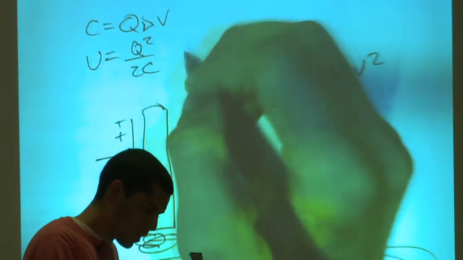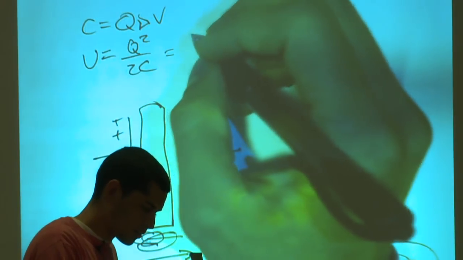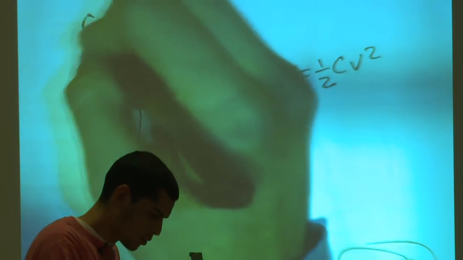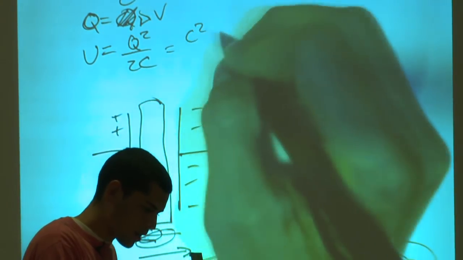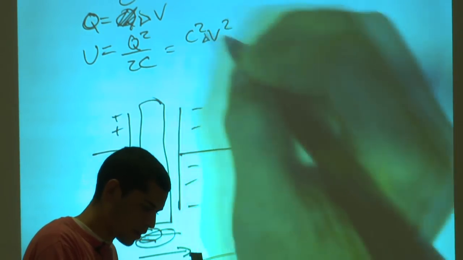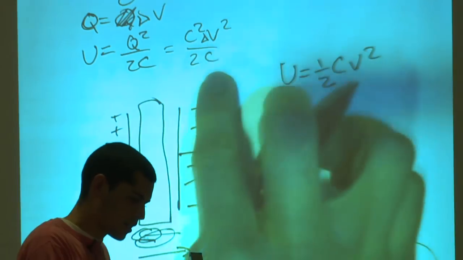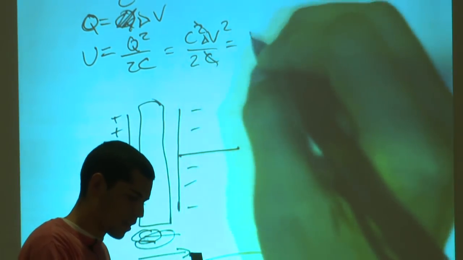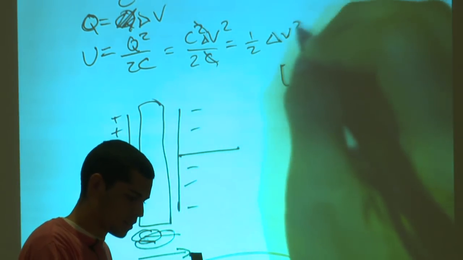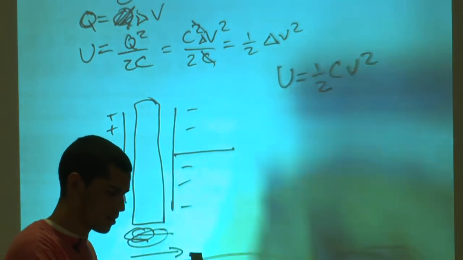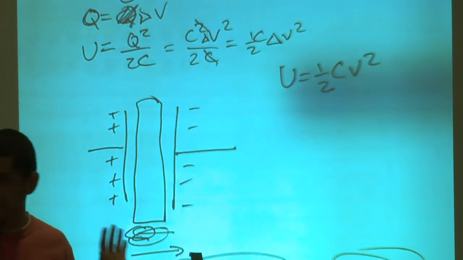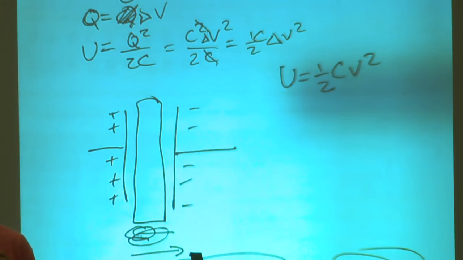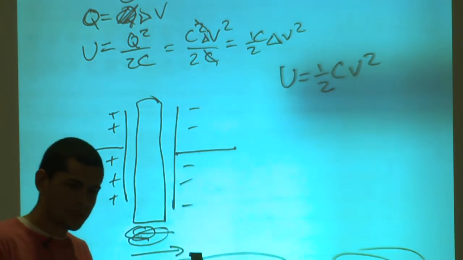We plug that in, and Q equals C delta V, so then it's C squared times delta V squared over 2C. The C's cancel, and then we have 1/2 C delta V squared. And it's the same thing. We just derived it a little bit longer. Okay, cool.